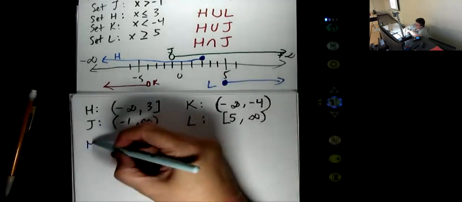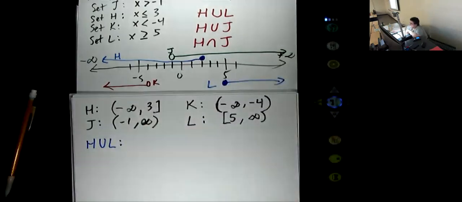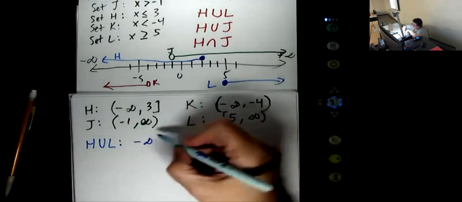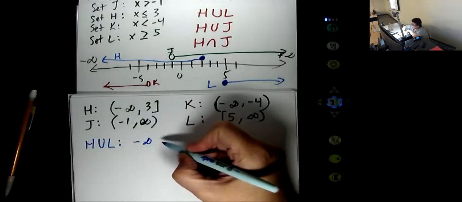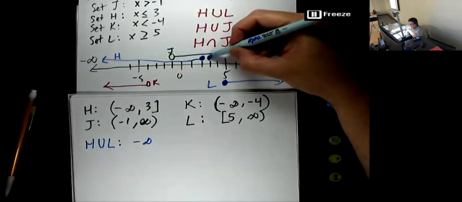H or L. H, so this is wherever a blue line is. The blue line starts at negative infinity. It goes up to, I put my dot in the wrong spot. That should be right there.